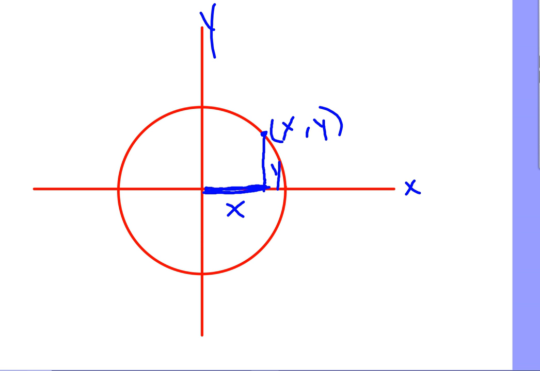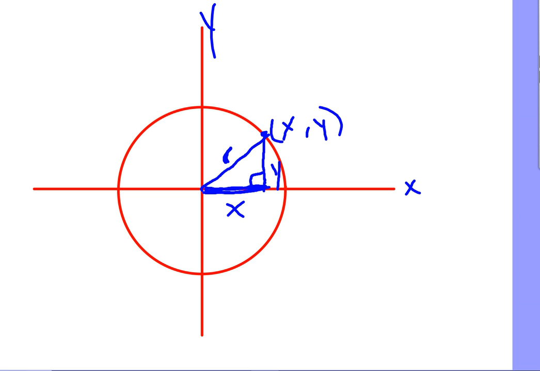Now, what did we create? We created a right angle, and if our center is the origin, the radius becomes the hypotenuse of this right triangle, for any point that happens to be on the circle.